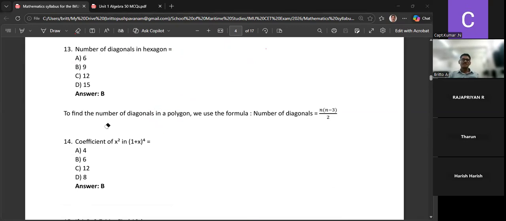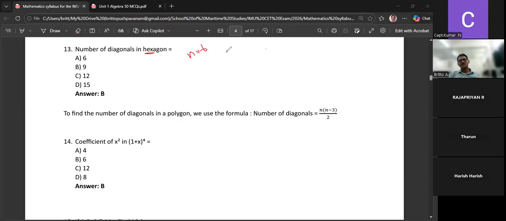There is a formula for the diagonals of a polygon, for any n value, the number of diagonals is n into n minus 3 divided by 2. So here the question is the hexagon. So hexagon means n equal to 6, right?